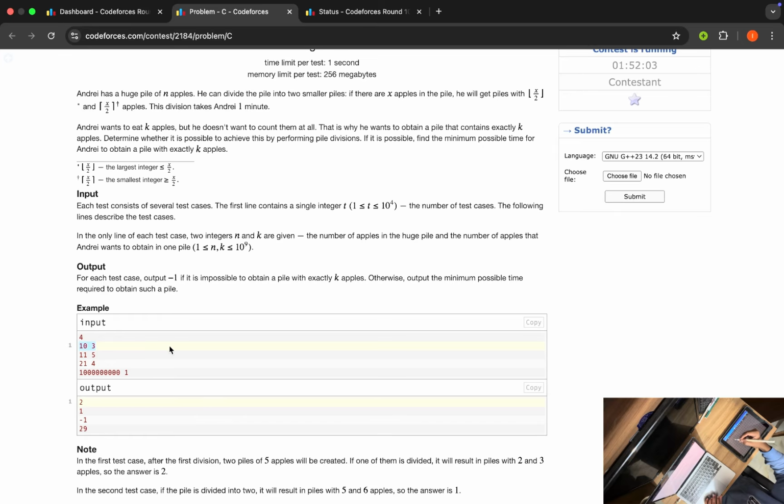That's the N and K, for example 10 and 3. This kind of question, I normally think thinking in reverse is the best option. Okay, for 3 I have 2 options. The previous value can be 2 options.